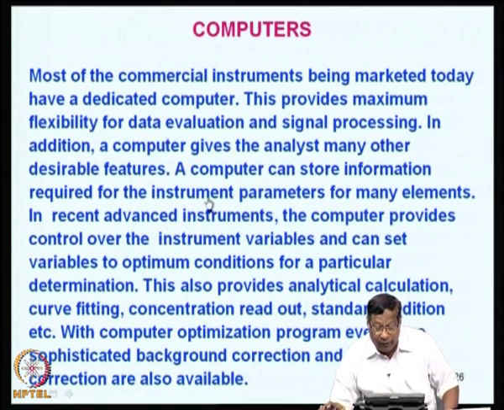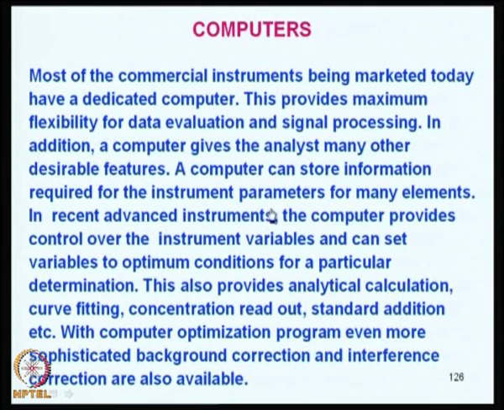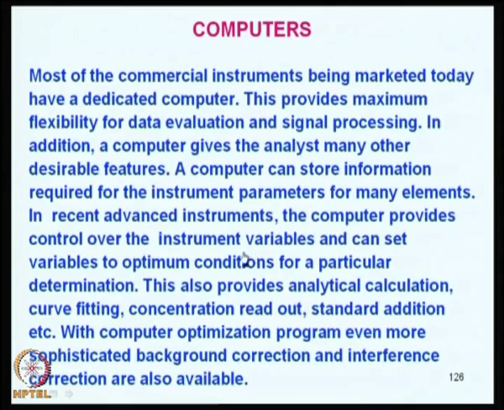Several parameters required for the analysis can be exhibited just by choosing the copper element on the periodic table. Such information can be stored in the microprocessor, and the computer, apart from giving these technical specifications, can also provide control over the instrument variables, and it can set variables to optimum conditions.